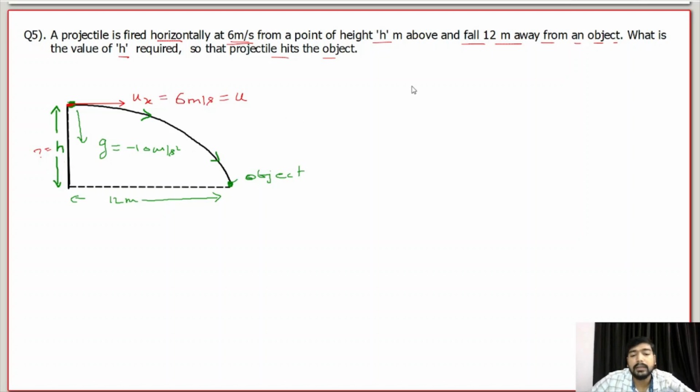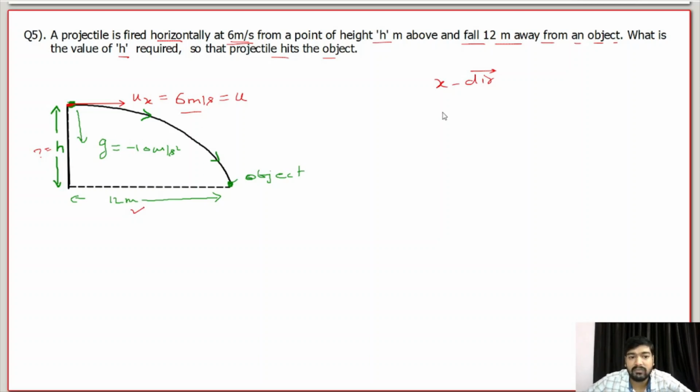Clear? So what will we do? We will take the direction in x first and try to calculate the time. How much time it will take, because we know the velocity in x direction, and we know how much distance is to be covered, and there is no acceleration.